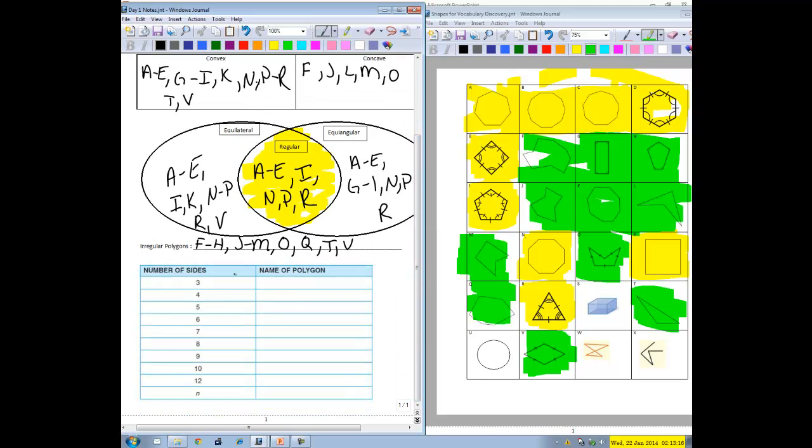Names of polygons. If you have 3 sides, you are a triangle. If you have 4 sides, yes, you want to say square or rectangle. That is not true. It is called a quadrilateral.